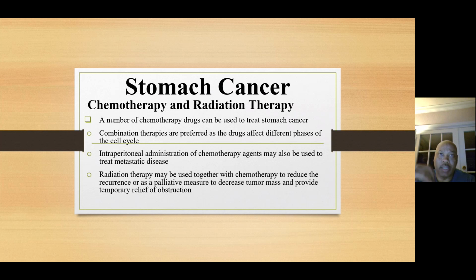They grow and they're pressing on nerves and other structures and so forth. And what the radiation does is it shrinks it, and that provides relief for the patient, or palliative measures, as we call it, to help the patient's symptoms, if you will.